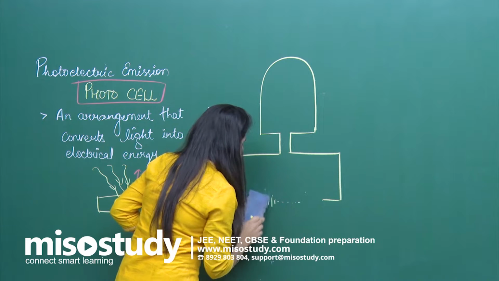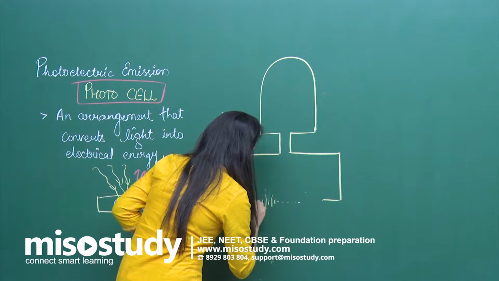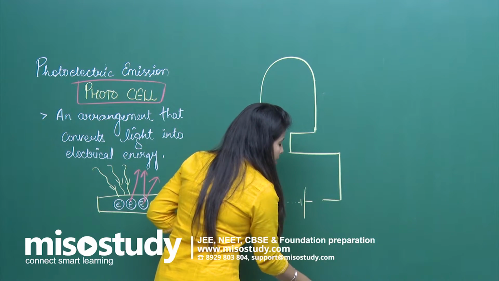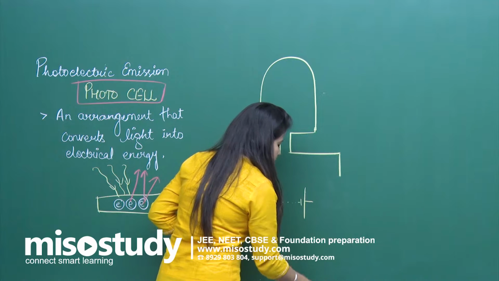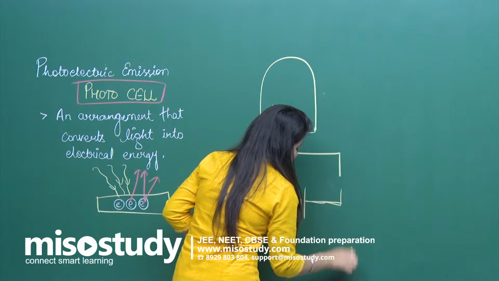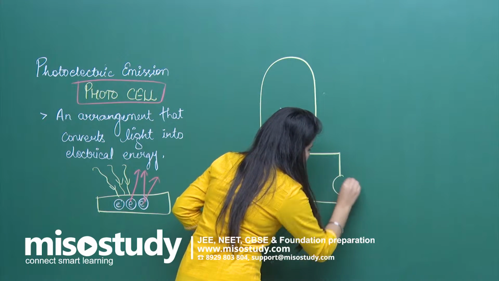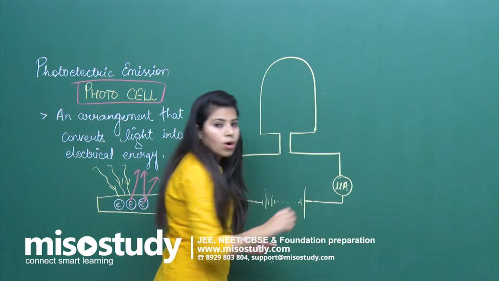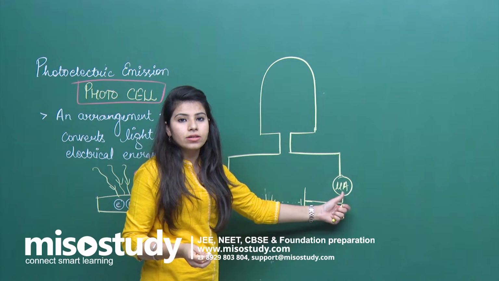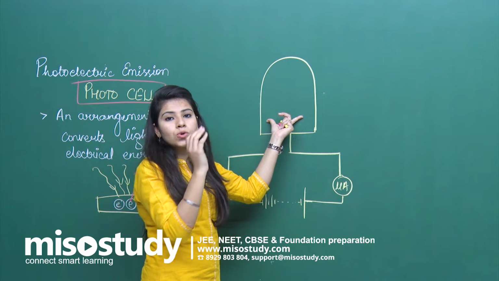And then an ammeter is also connected with this arm. This is a source of battery, this is an ammeter. This is an evacuated glass tube.